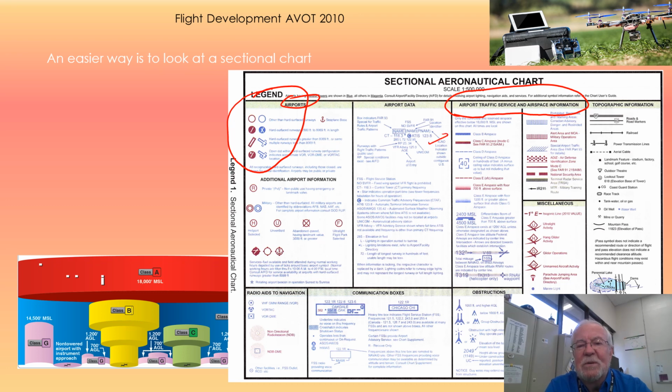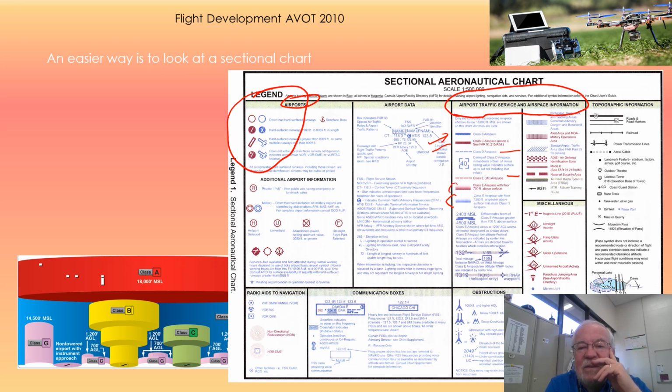We have the solid blue, which is Class B airspace, solid magenta, which is Class C, dashed blue, which is Class D, and then dashed magenta, which is Class E. And then we have this little shaded area, which is Class E above 700 feet on the shady side, and on the darker side it's above 1200 feet and above.